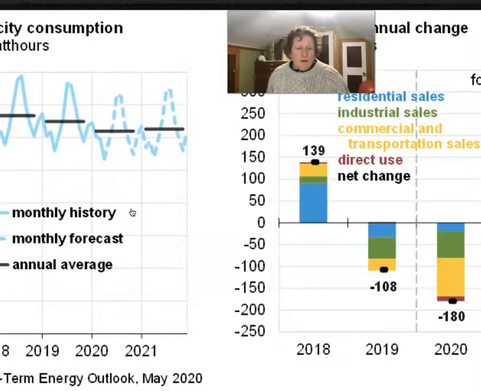So if we look here, we can see that the forecast for 2020 and 2021 looks like it's going to go down in 2020 and go back up in 2021 just a little bit.